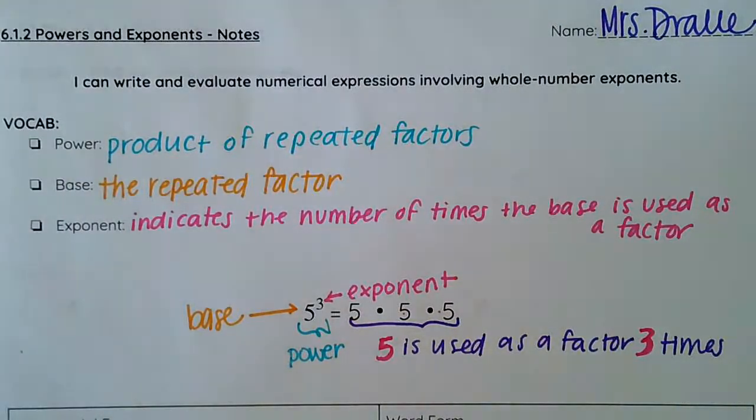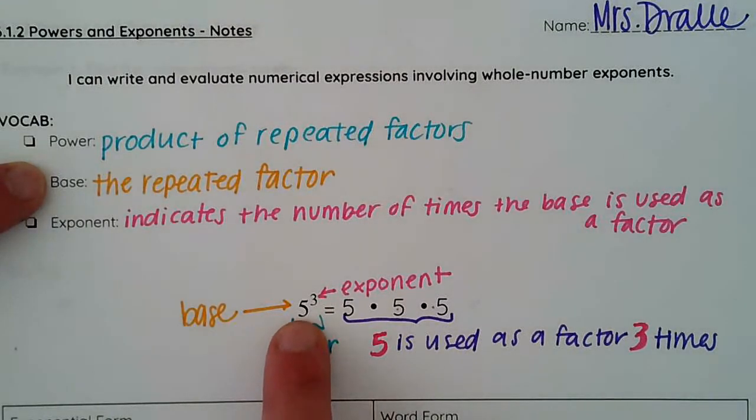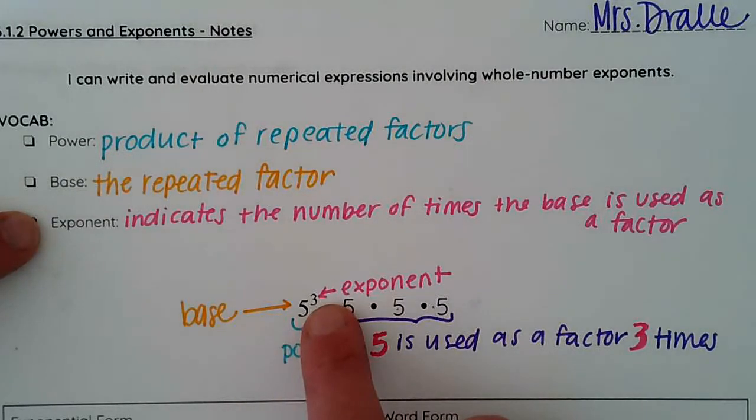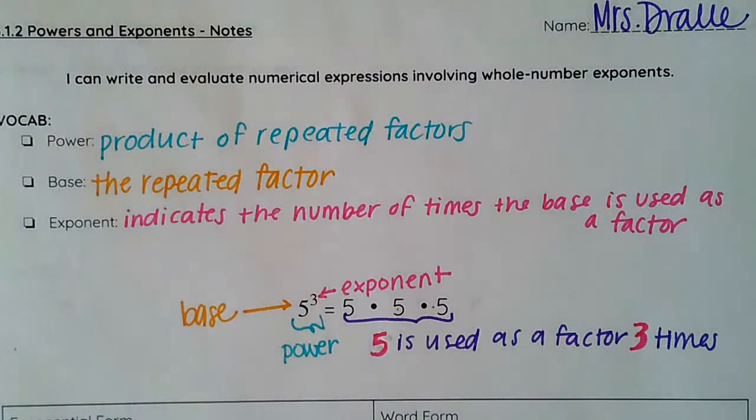Your power is broken into two parts. Your base, which is that regular sized number, and this is the number that will be multiplied together. And then the other part is your exponent, and your exponent's the little guy up at the top right. When you write an exponent, you want to make sure it's less than half the size of your base and up to the right.